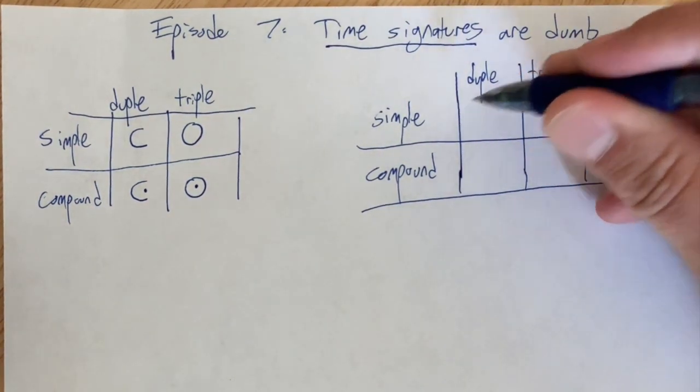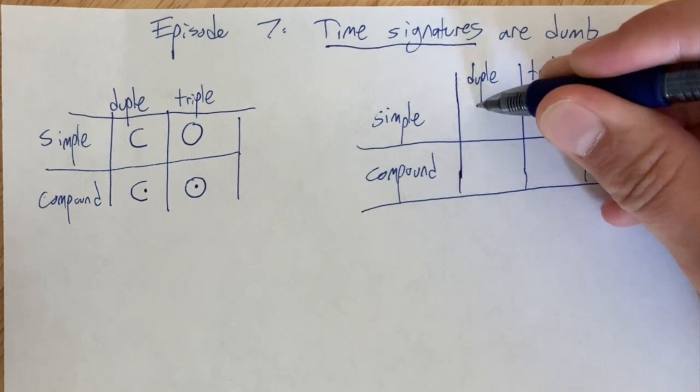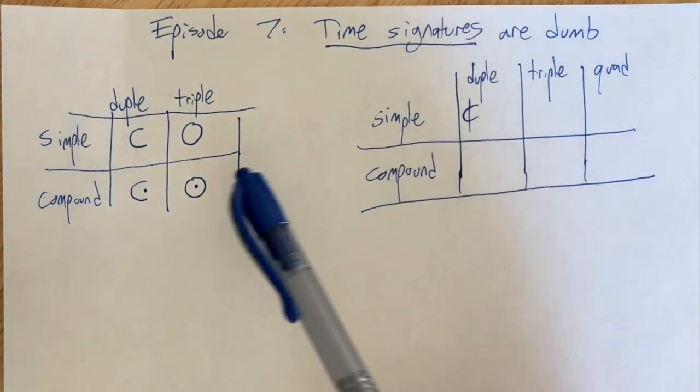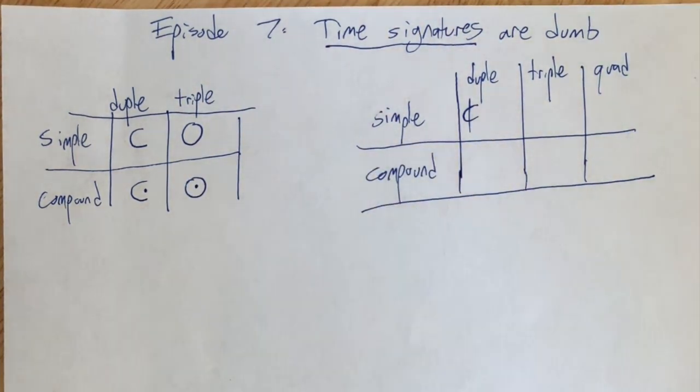Probably the most common simple duple meter you'll see is cut time. See with the line through it. I kind of got into this, but it evolved from the same tempo inflation that I talked about when we were talking about semi-breves and breves and things like that.